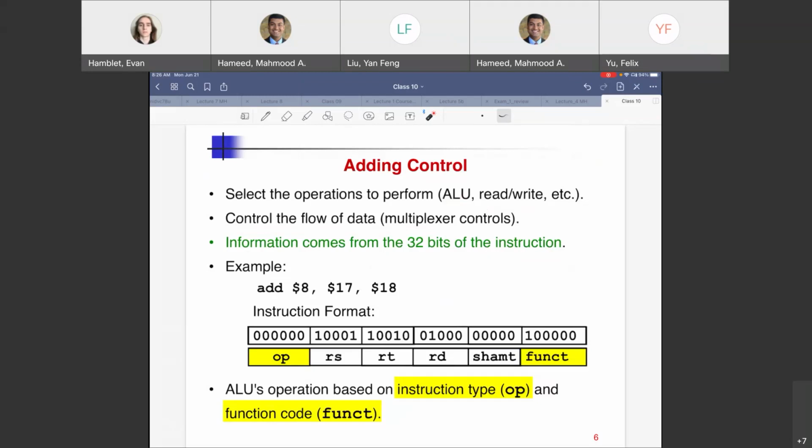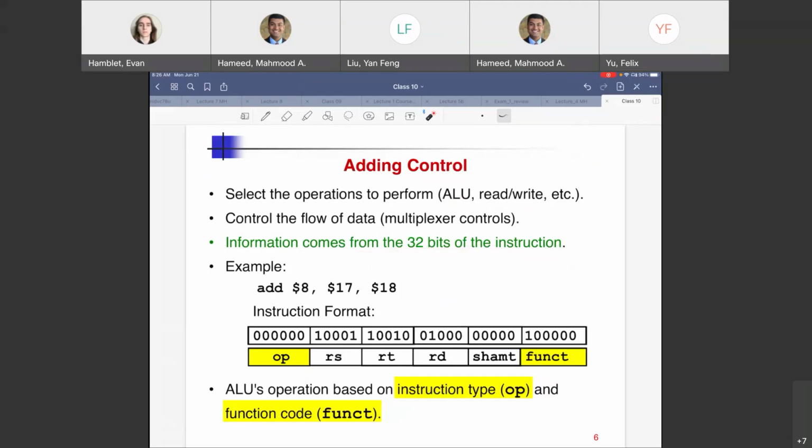Because essentially we are opening this tab here and then closing that tab there, opening that. So we are essentially allowing the data to pass in the desired path to support our instructions. Information is coming from 32 bits of the instruction. Essentially, it's coming from two fields, opcode field and the function field.